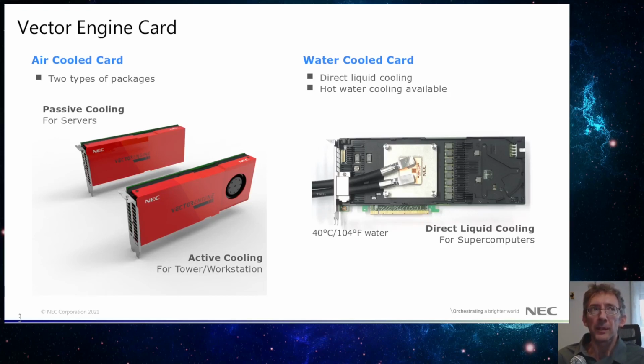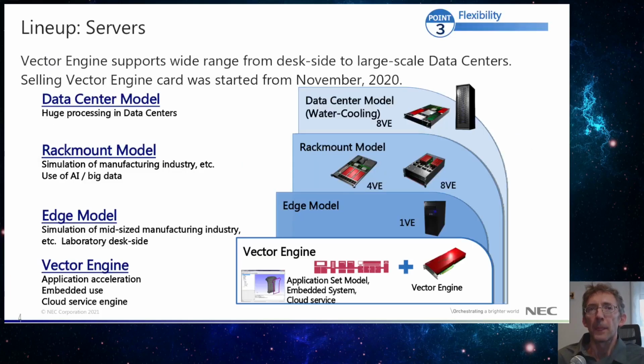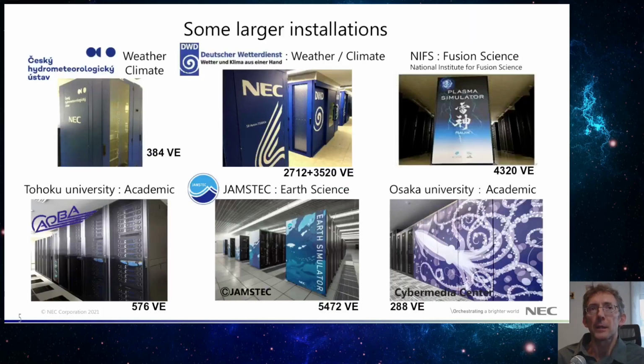One for passive air cooling for servers, another one for active cooling for workstations, and the card for bigger installations with direct liquid cooling. These cards are built into servers, normal Linux servers. The biggest server features 8 of these vector engines, and these servers are assembled to clusters.